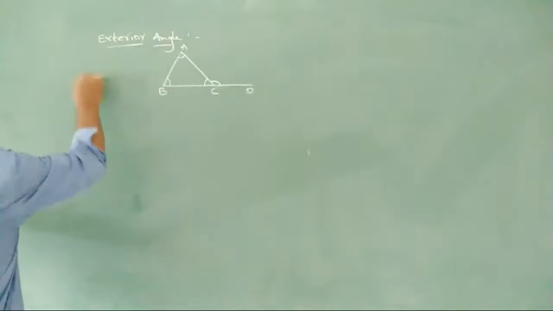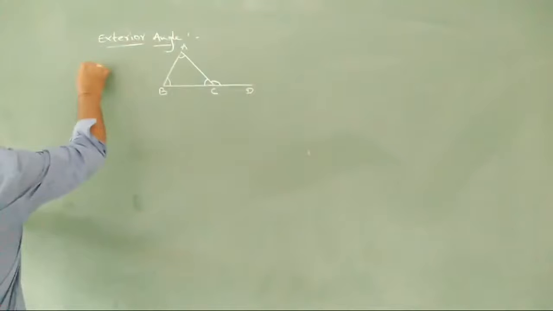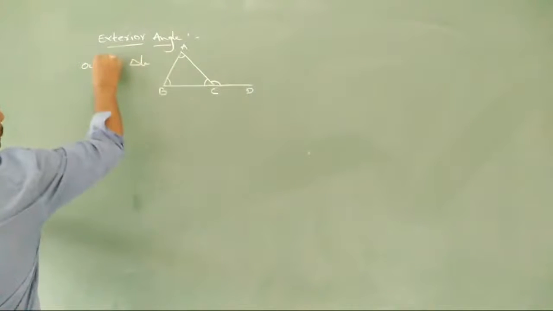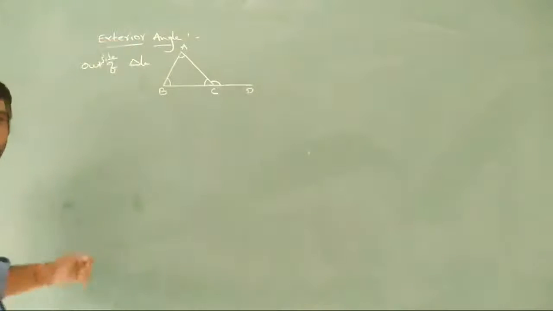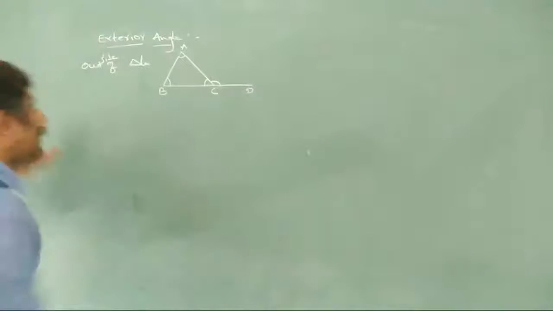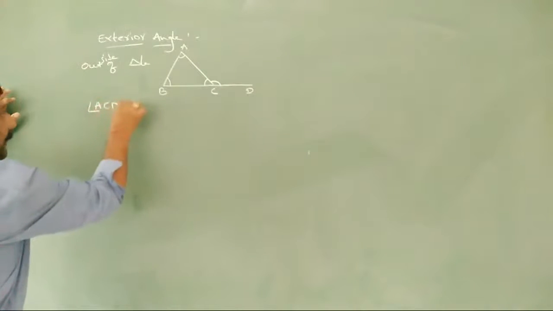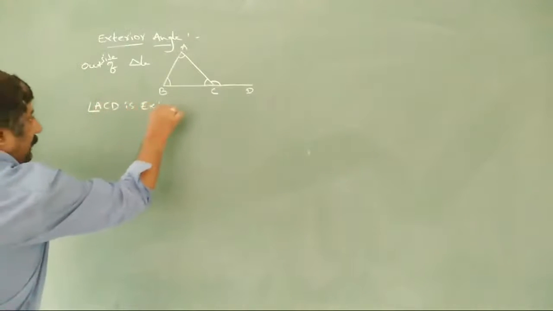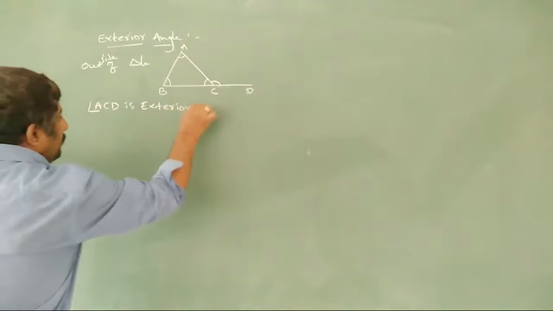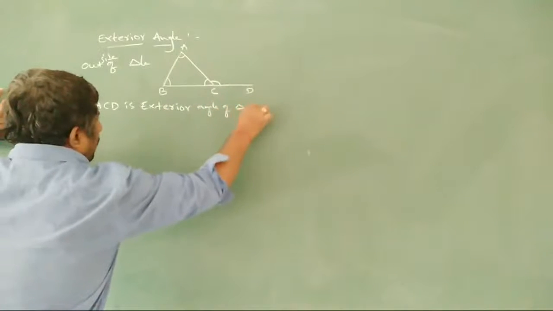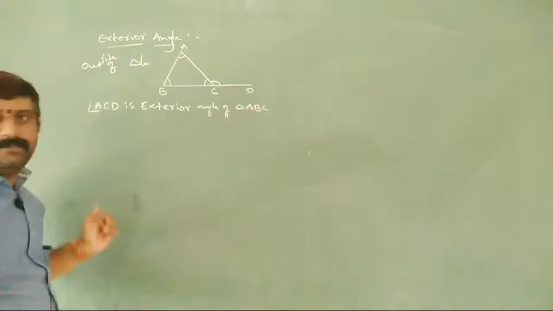What we can say here? Exterior angle, outside of triangle. Now here, angle ACD is the exterior angle of triangle ABC.